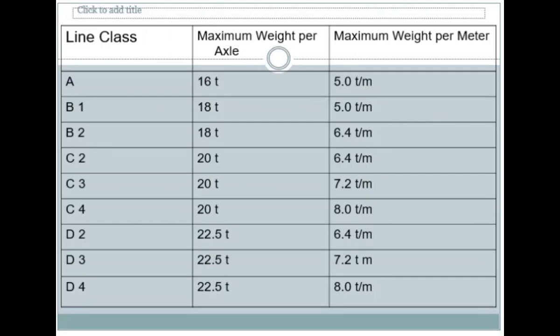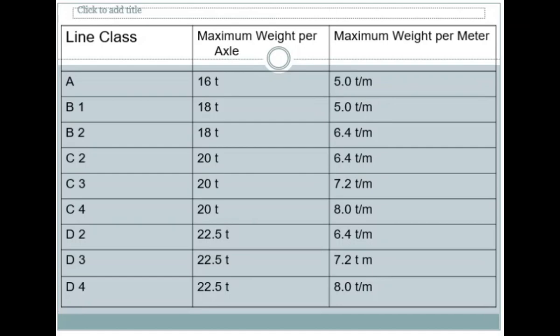So the maximum weight you can put into a 2-axle wagon for A class will be 16 tons times 2, because it's 2 axles. So the maximum will be what? 32 tons.